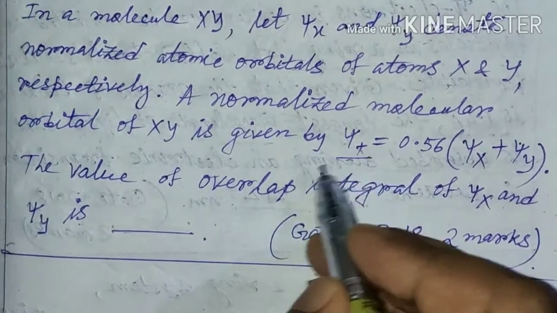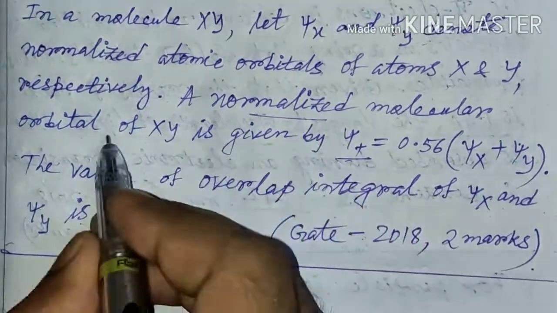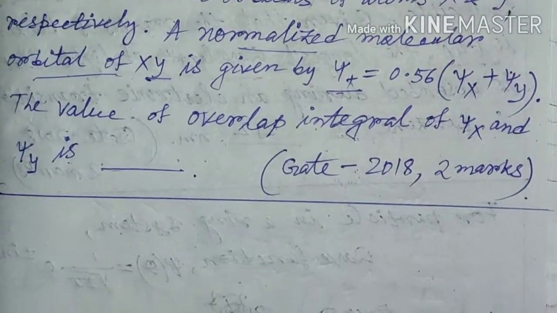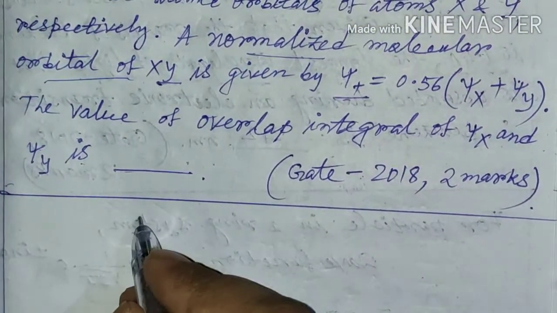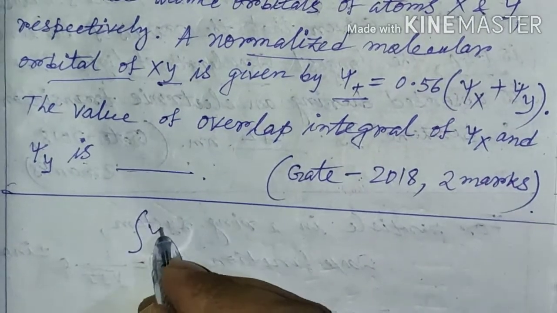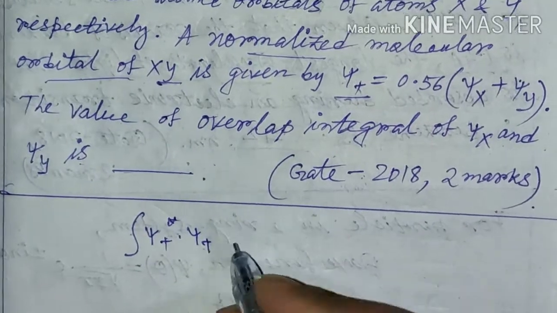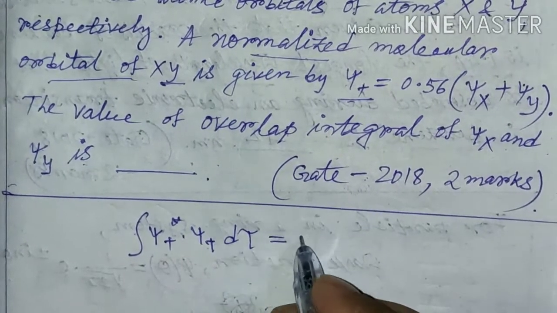Since this psi plus is a normalized molecular orbital for xy molecule, that means from the condition of normalized wave function we can write that integral of psi plus square d tau is equal to 1.